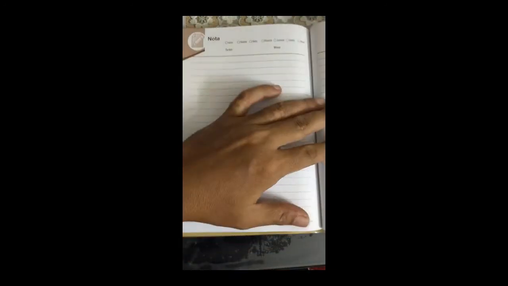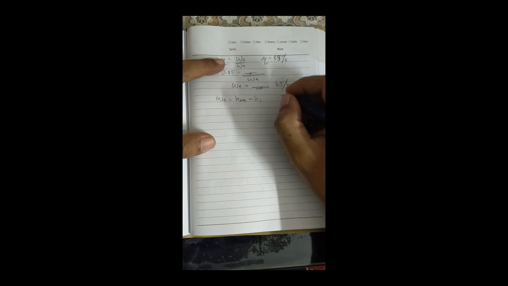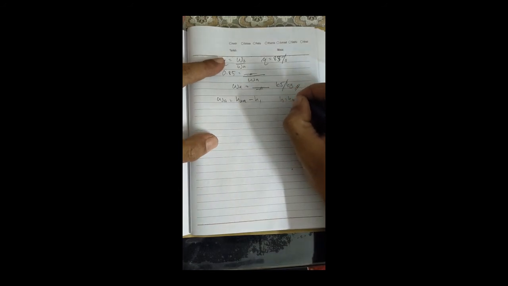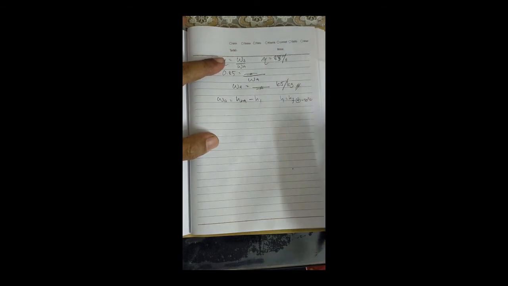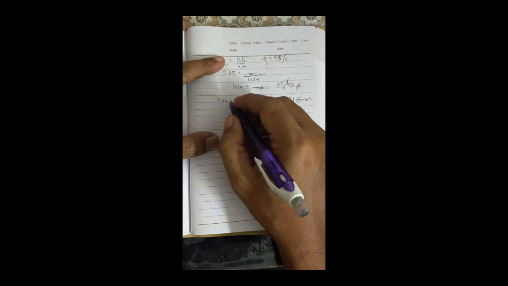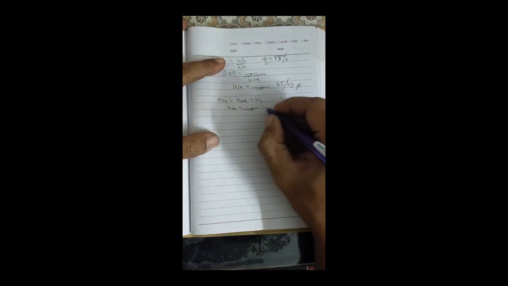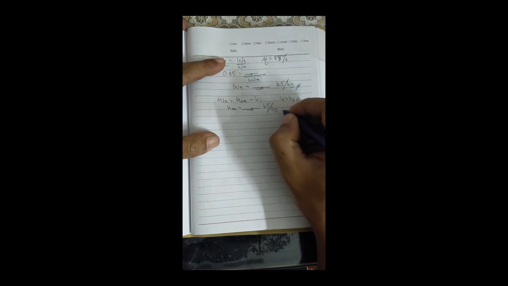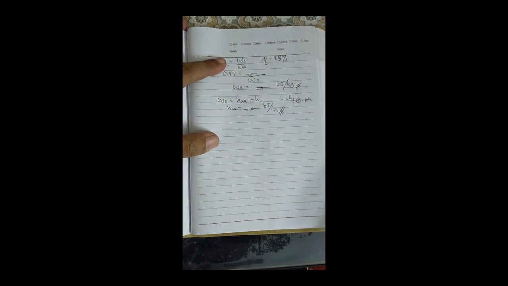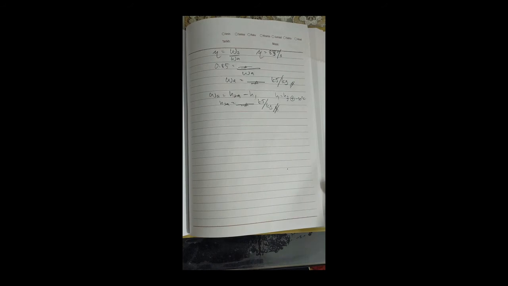So from steam tables you can know H1 is HF at minus 30 degree Celsius. Okay, so H2A, kilojoule per kg. Alright, thank you.